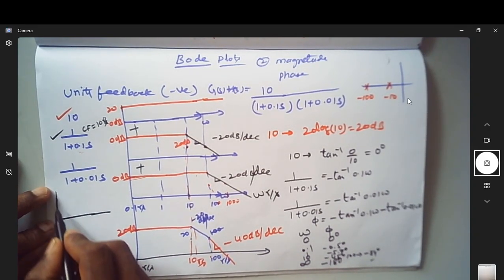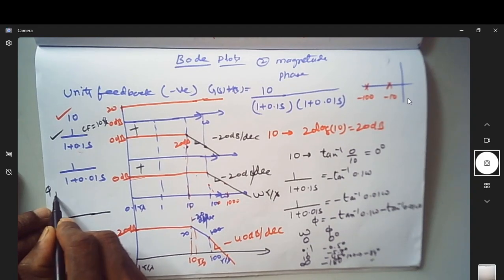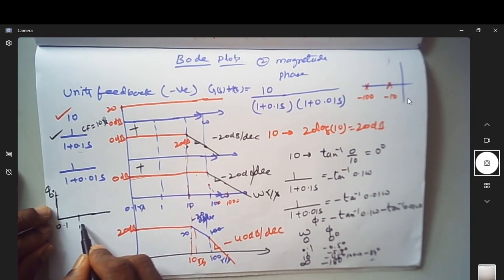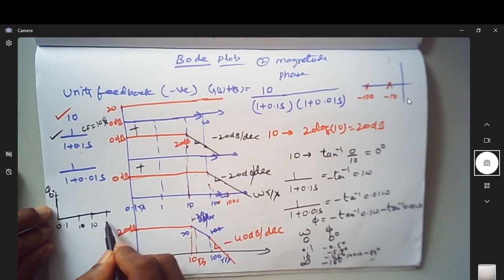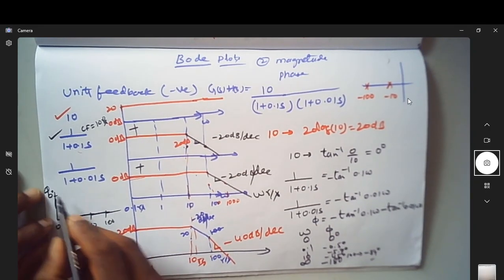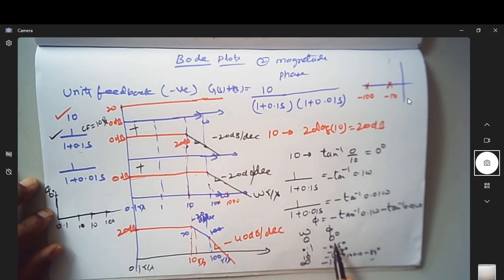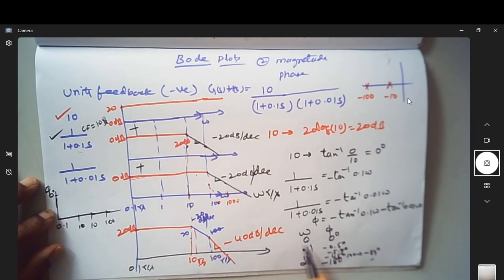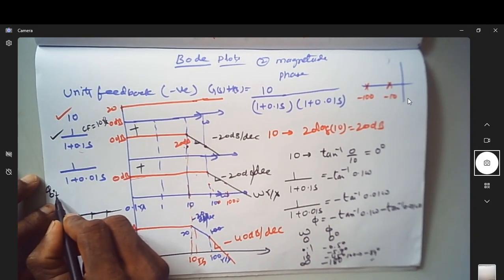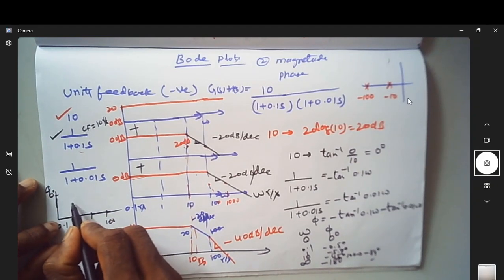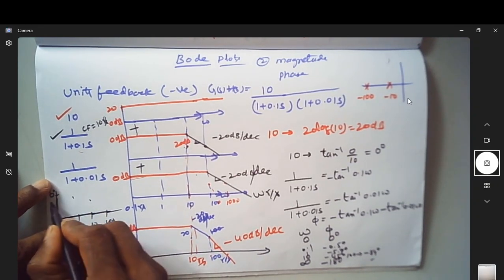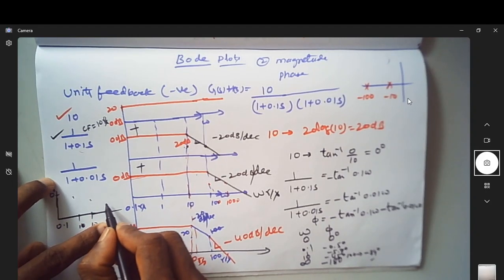If this is phase of 0 degree, this is 0.1, maybe 1, this is 10, this is 100. See now, it goes with a slope of 0 degree. This is the 0 degree line, and then at 0.1 it is minus 0.5, almost 0. At 1 it is minus 5 degree. At 10 it is minus 45 degree. I'm just approximately writing. At 100 it is minus 84 degree.